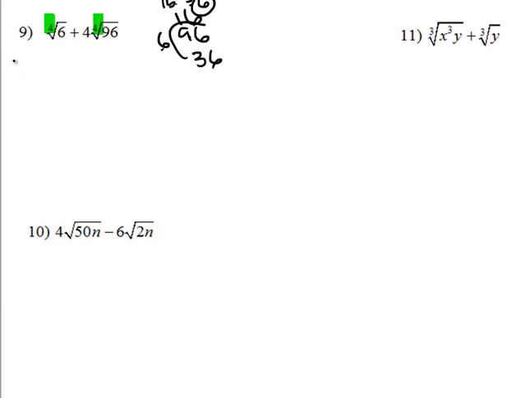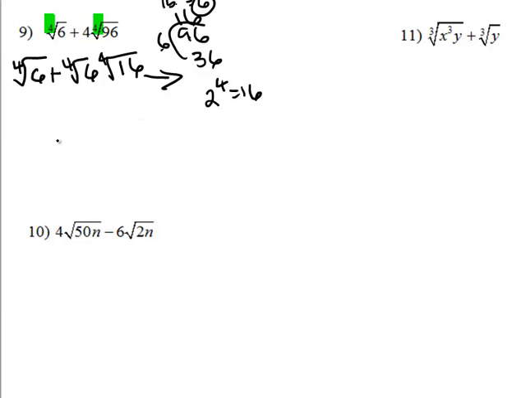And so I'll have the 4th root of 6 plus the 4th root of 6 times the 4th root of 16. The 4th root of 16 is 2, because 2 to the 4th equals 16.